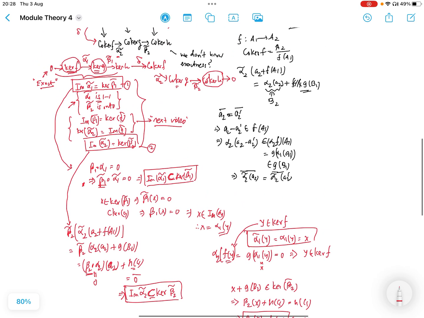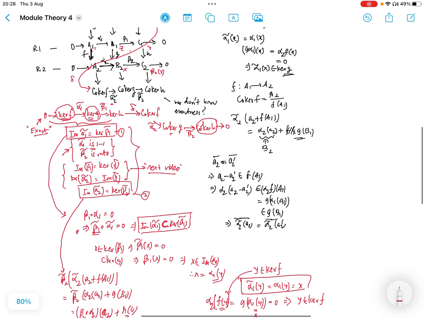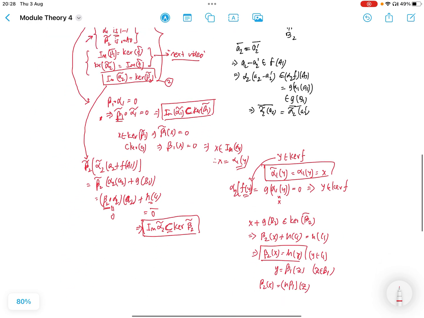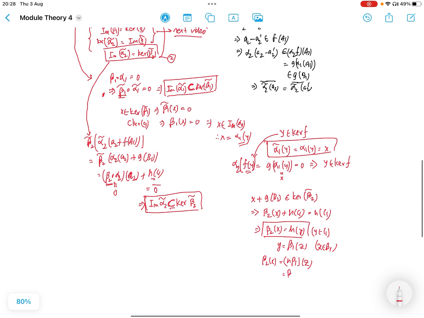So let's go back to the diagram, and remember this diagram is commutative. So H beta 1 is the same as beta 2 G, right? So you can consider this belongs to the kernel of beta 2. And that's what we needed, because the kernel of beta 2 is the same as the image of alpha 2, right?